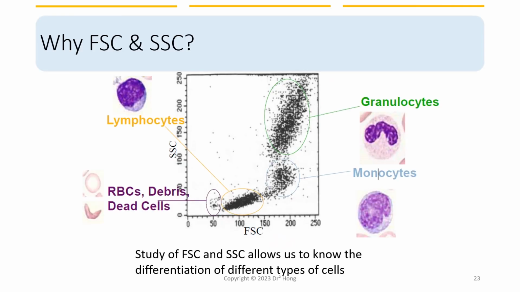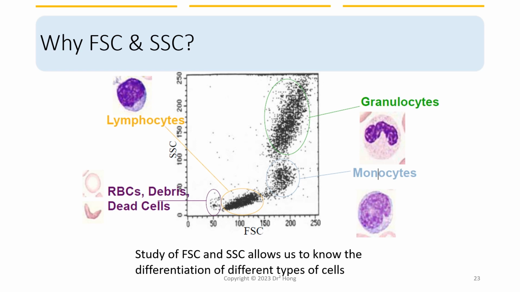So what are the real-world applications of analyzing forward scatter and side scatter? Now, the light scattered in the forward direction is proportional to the square of the radius of a sphere, and so to the size of the cells or particles. And studying forward scattering and side scattering allows us to differentiate the different cell types.